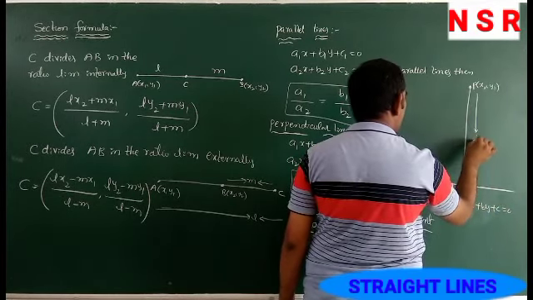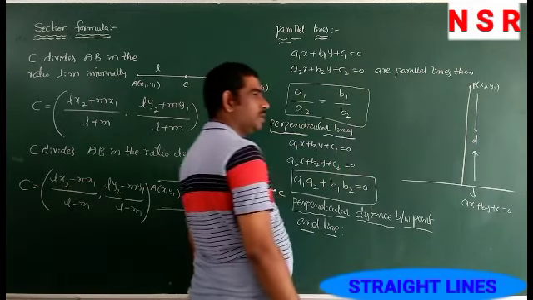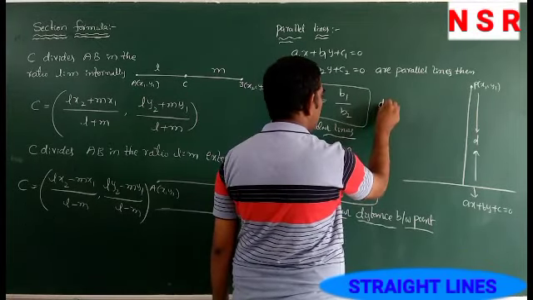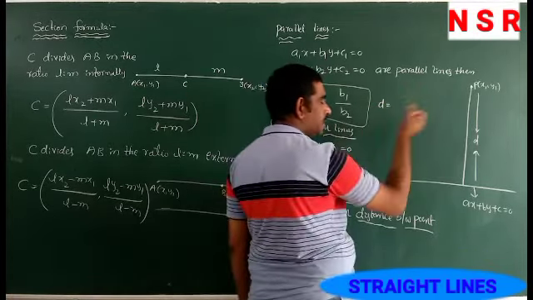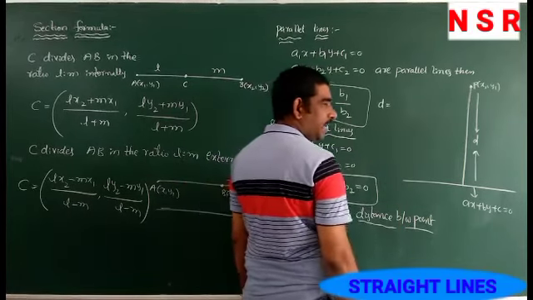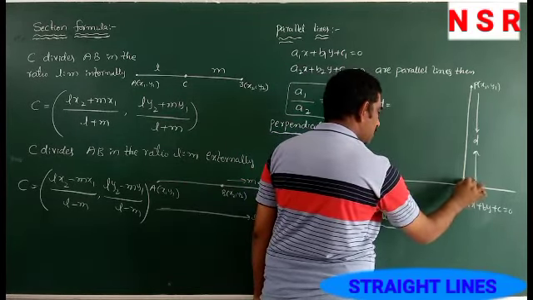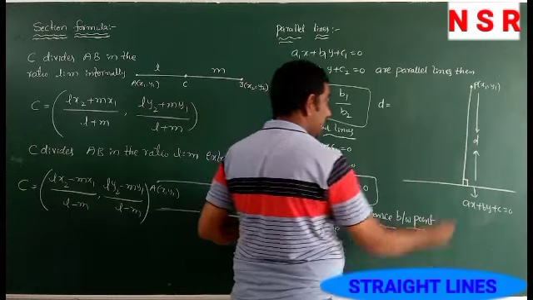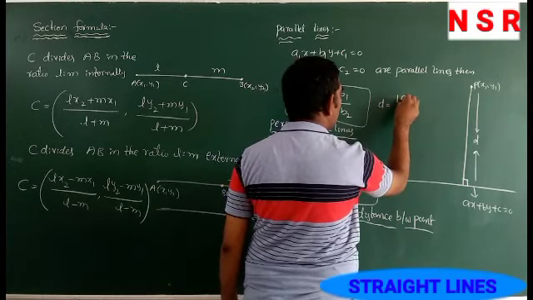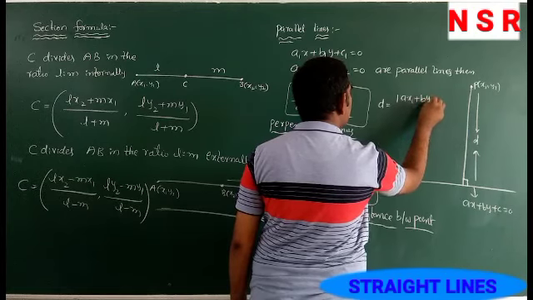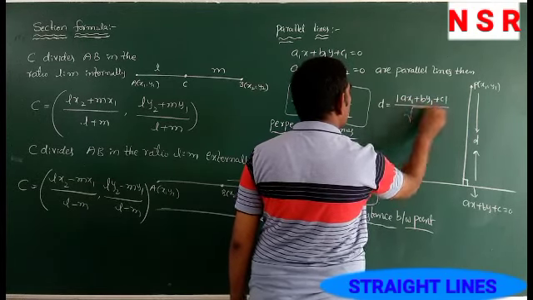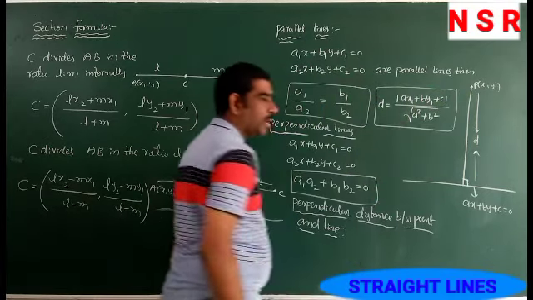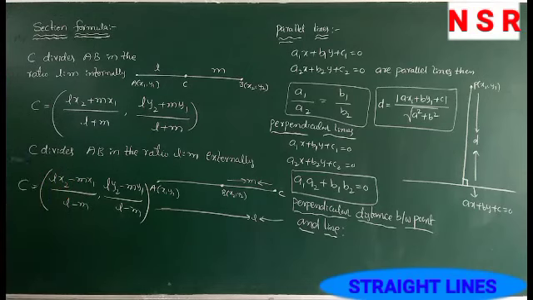The distance between this line and the point is called the perpendicular distance, denoted by d. So d is equal to mod of (ax1 plus by1 plus c) by the square root of (a square plus b square). So this is the perpendicular distance between a point and a line.